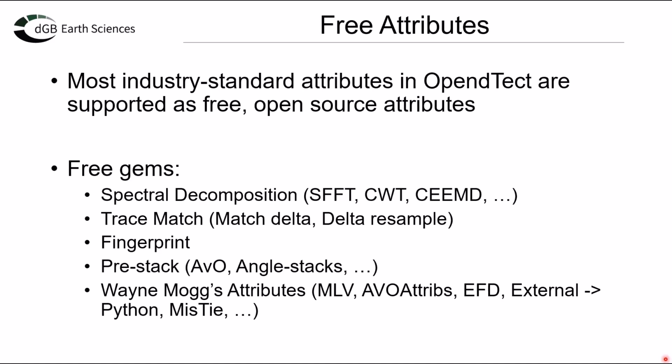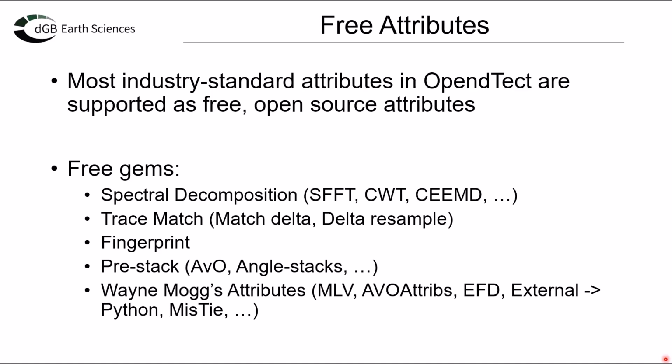Examples are spectral decomposition, and in OpendTect we support various decomposition methods like short window Fourier transforms, continuous wavelet transforms, empirical mode decompositions, and more, because in Wayne-Mock's attributes you will also find a number of spectral decomposition methods.